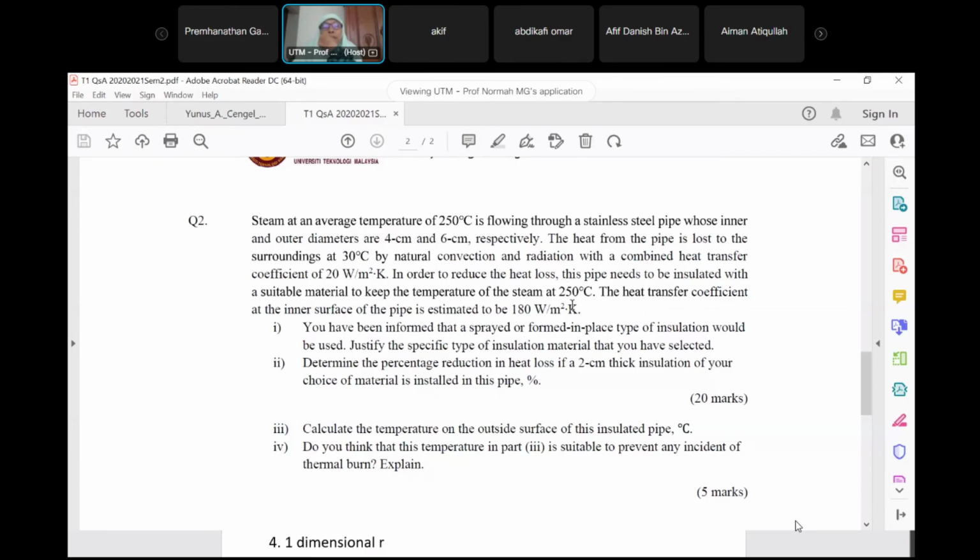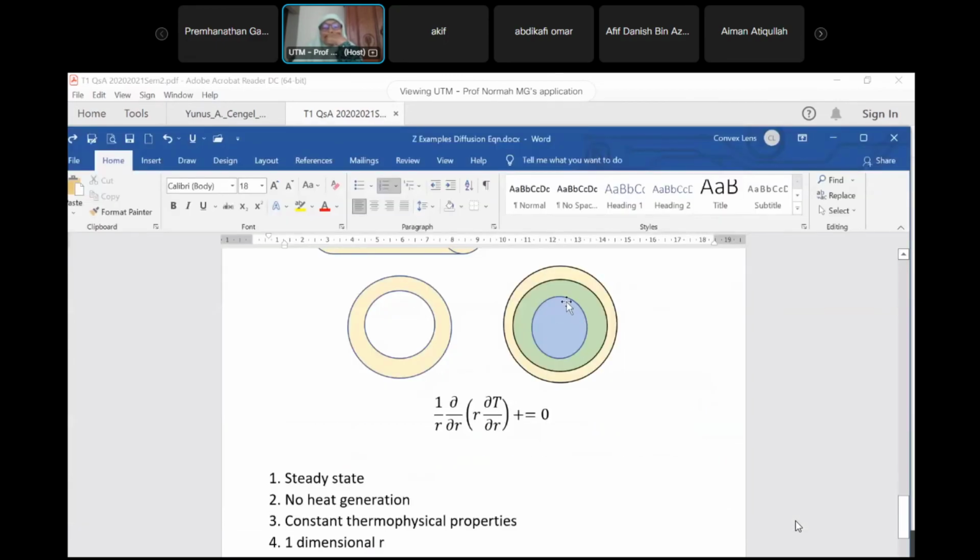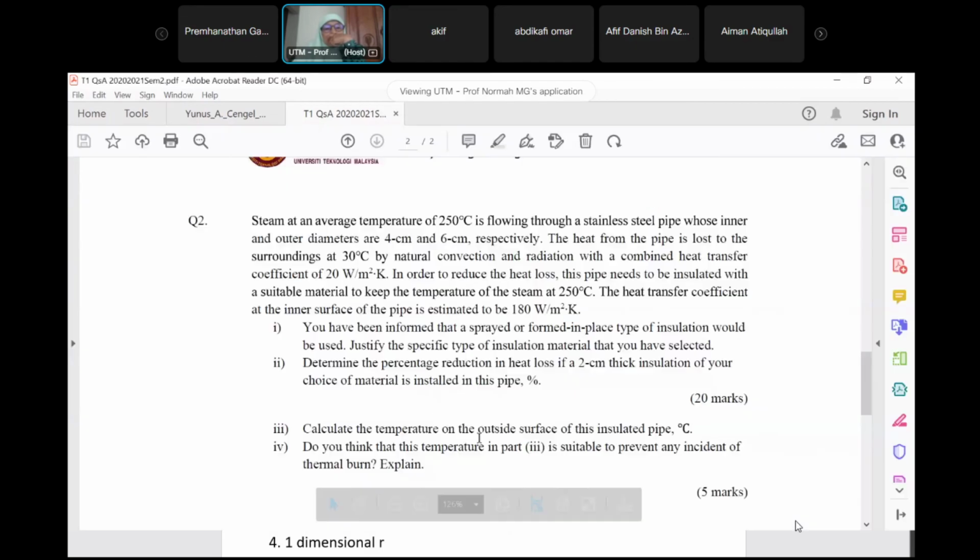Temperature of the steam at 250 degrees C. What is the outer surface temperature? Here you may assume this is 250 without the insulation. What is the heat loss? And then with the insulation.